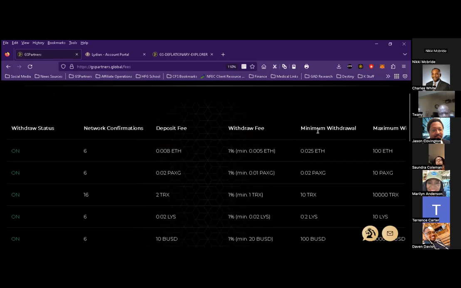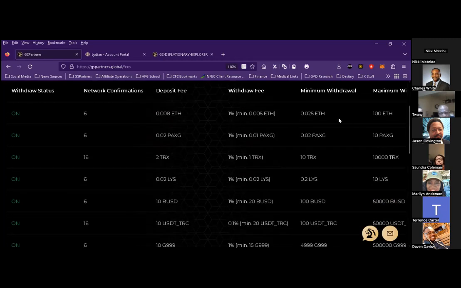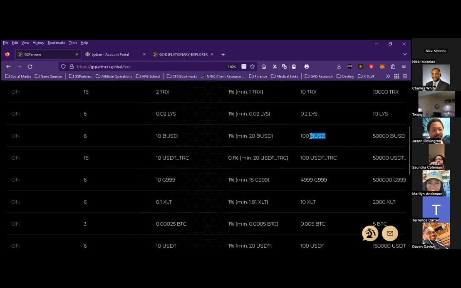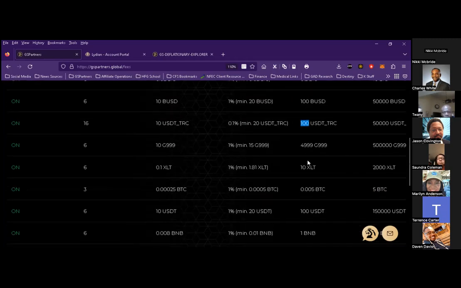There is a minimum withdrawal and a maximum withdrawal. Most people don't care about the maximum withdrawal, but the minimum withdrawal is the least amount that you have to move in order for it to actually go through. Note that all of the USD or US dollar stablecoins are the same amount, 100. So if you don't have more than 100, you won't be able to move it off the platform.